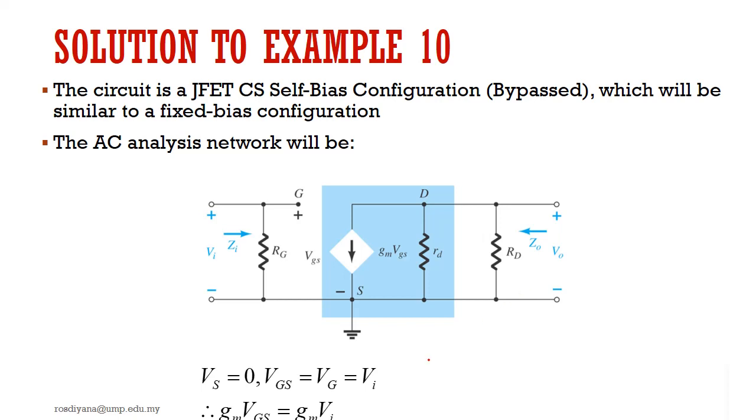The analysis is similar, and we see VS equal to 0, VGS equal to VG, and VG equal to Vin. So we substitute VGS with Vin, and GM VGS equals GM Vin.